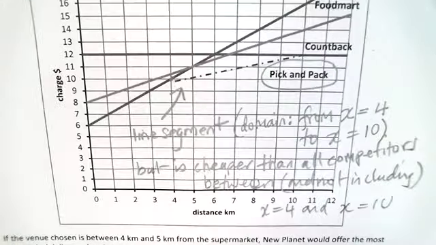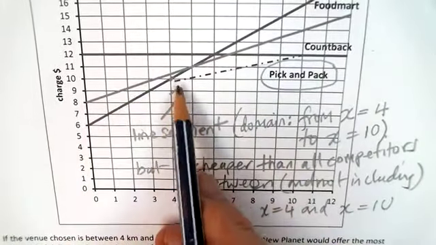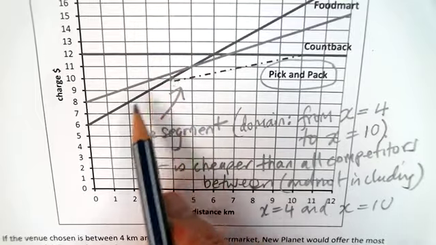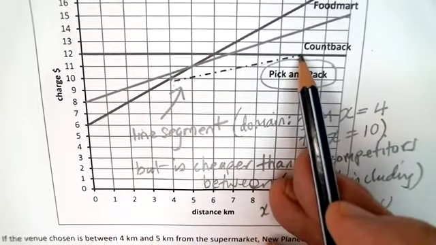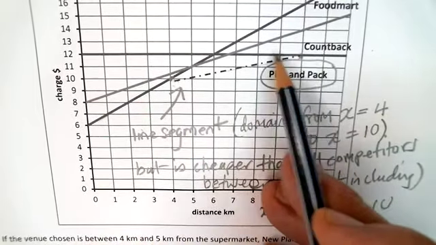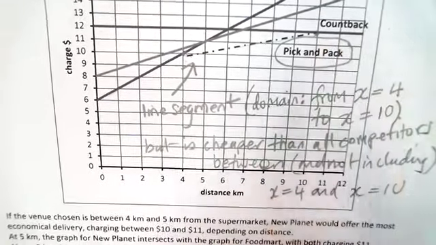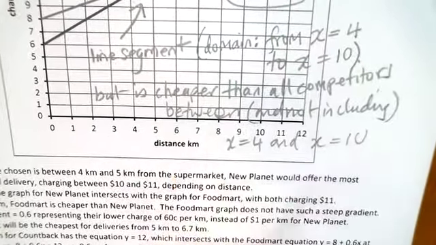In other words, at this point of intersection, it's actually the same price as New Planet. At this point of intersection, it's actually the same price as Countback. So you could say it like that if you want.